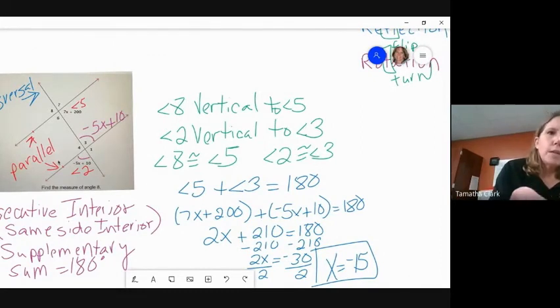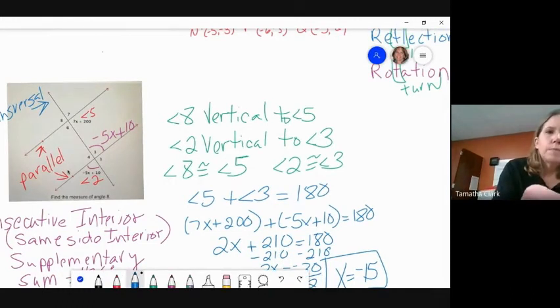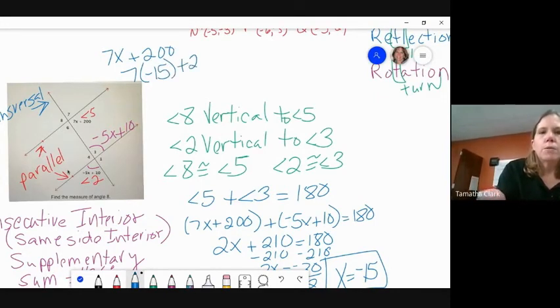So if we take the 7x plus 200, that would be 7 times negative 15 plus 200. It helps to actually plug in their numbers correctly. So it's 7 times negative 15. That comes out to be 95 degrees.